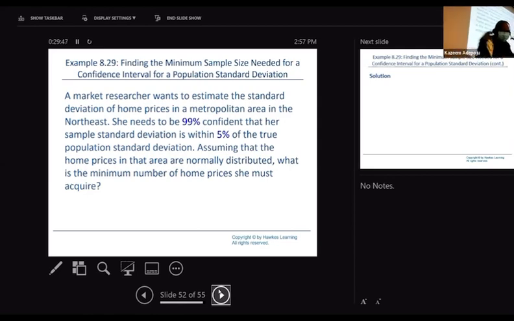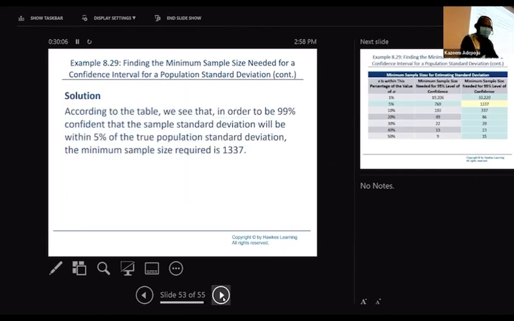Oh my God, 99% is actually going to need a lot of samples. Now, assuming that the home prices in that area are normally distributed, what is the minimum number of home prices she must acquire? All I need to do is go to the table.